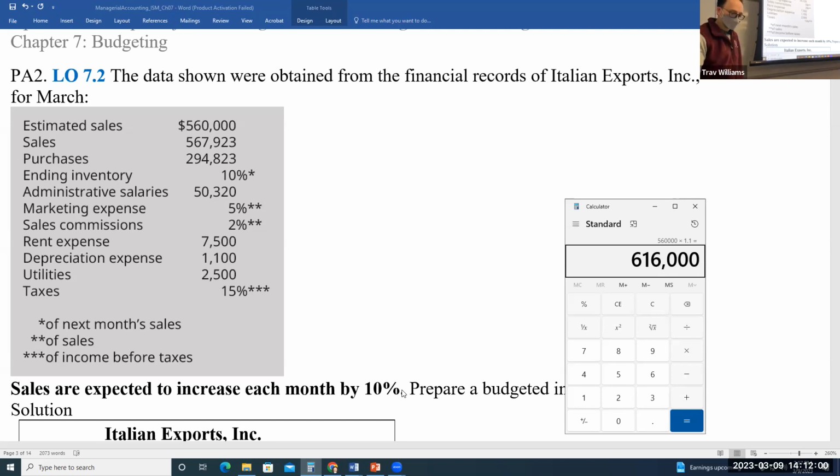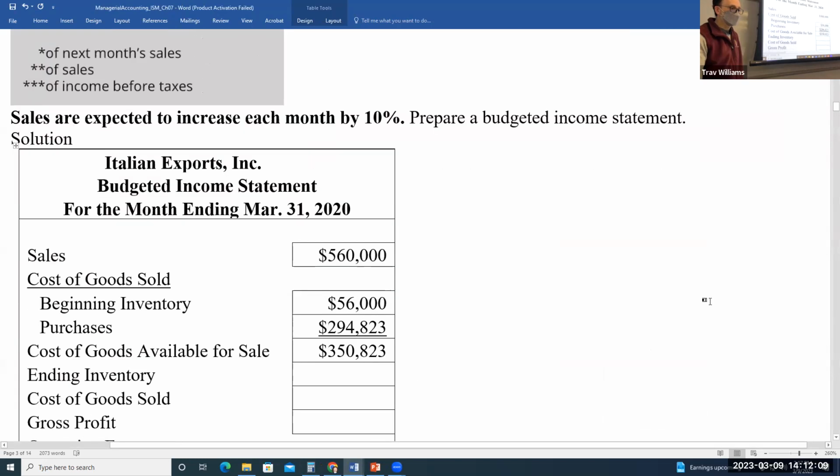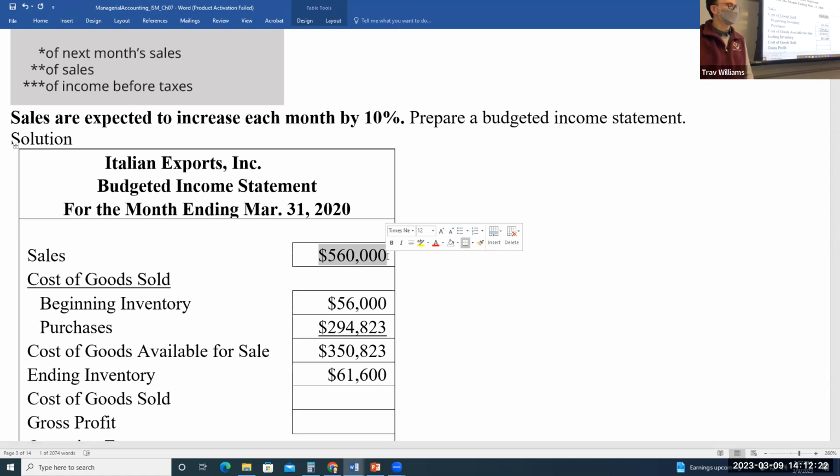We could take 10% of that for our ending inventory, right? Because ending inventory is 10%. So 61,600 is our ending inventory, right? We took our sales times 1.1 so that we can add 10% to get next month's sales, and then times 0.1 so we could get our ending inventory.